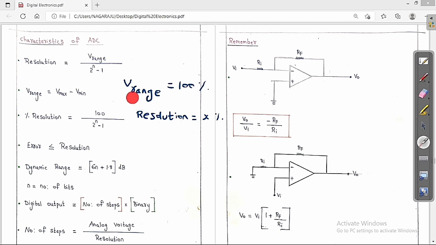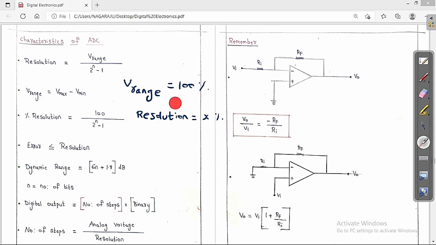Let me assume V range is equal to 100%, and the resolution is x percent. If I divide equation 2 by equation 1, we get resolution by V range is equal to x by 100. So x is equal to resolution by V range into 100. If you simplify this, we get 100 by 2 to the power of n minus 1, where x is the percentage of resolution.